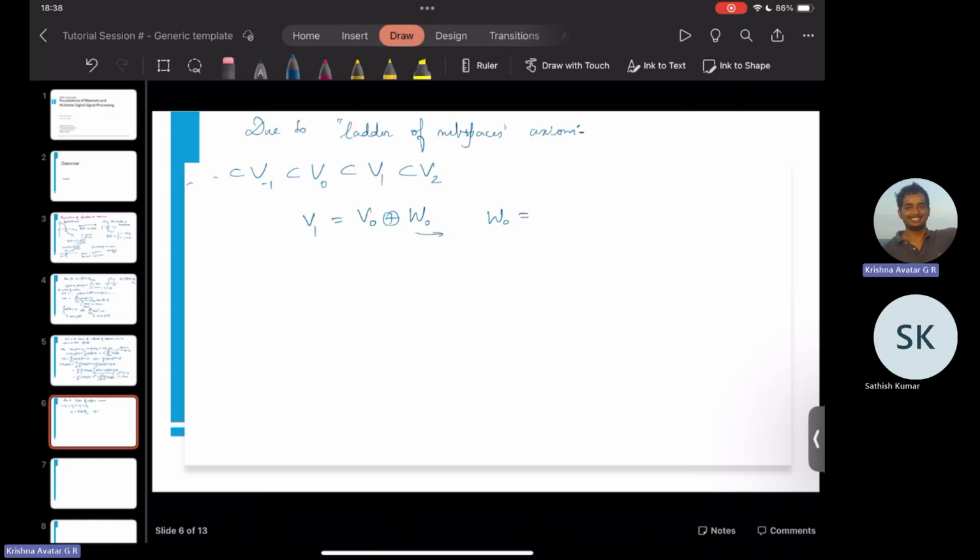It's also sometimes known as the detail space, or I just forgot its name, but it's a space which is orthogonal to V naught.